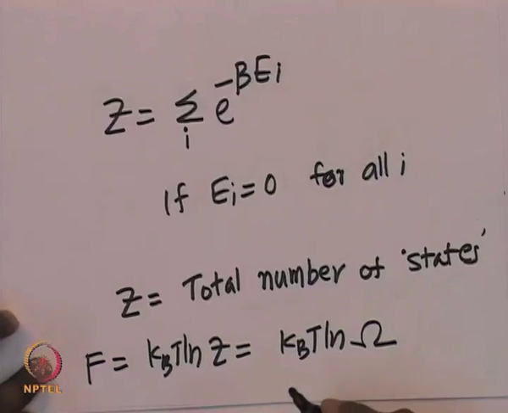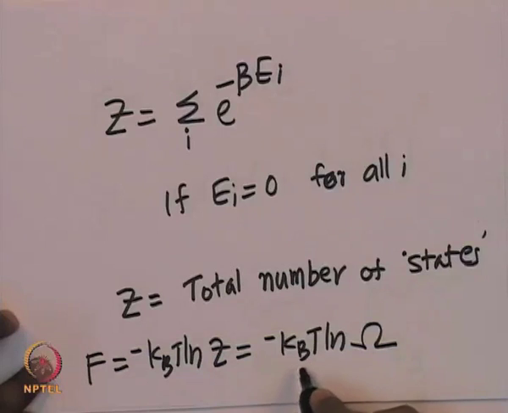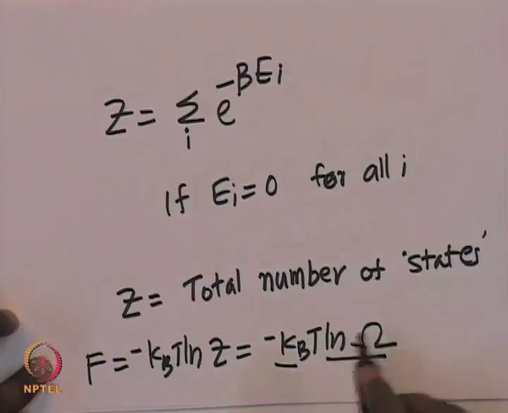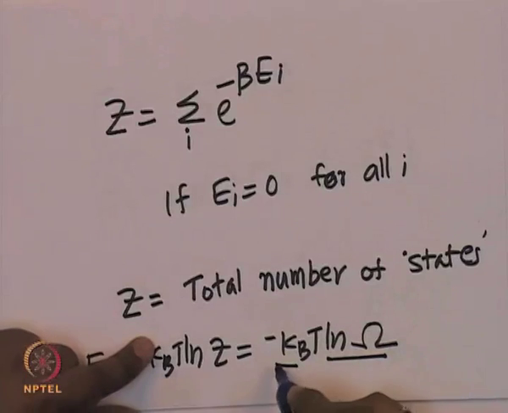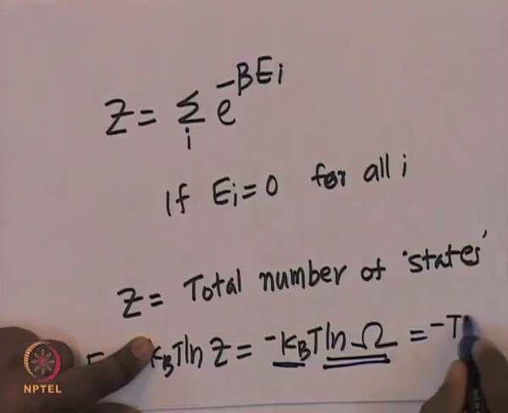Okay, so that tells us that there has to be a minus. So actually there is a minus sign, minus kBT log Z. So this will become kBT minus log omega, and we know that kB log omega is nothing but entropy. So this is basically T times entropy. So this will become minus TS.